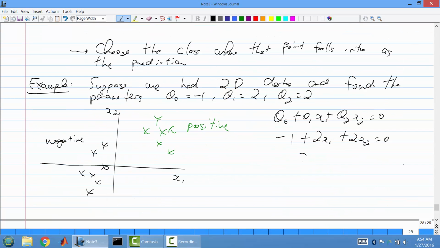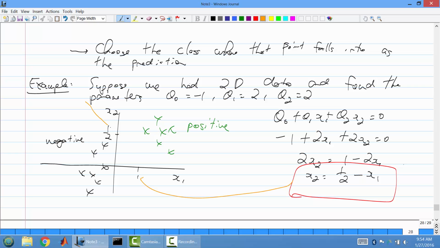So in this case, we have 2x2 equals 1 minus 2x1, and then let's just divide. This is what the decision boundary would be. I have an intercept at one half over here, and 1 here, and then the line looks like this. So this is the decision boundary, just a little example here.